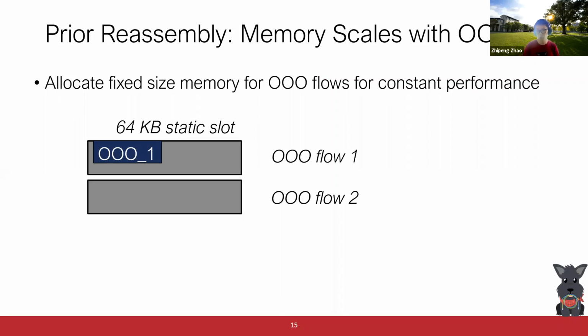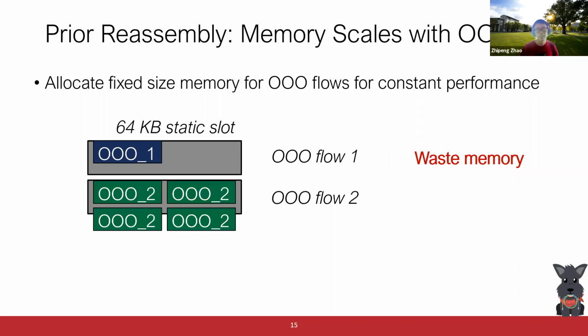This will cause two problems. The first problem is that it wastes a lot of memory because most of the out-of-order flows do not need 64 kilobytes of memory. And another problem is that for some of the flows, which actually require more than 64 kilobytes of memory, these flows will not be supported by prior work. These flows will be considered as exceptional flows.